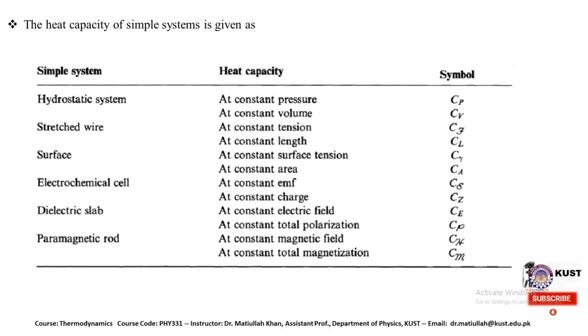In case of electrochemical cells, the electromotive force could be considered a constant quantity, and that is C with subscript small e, the electromotive force, and in some cases when we consider the charge to be constant, the heat capacity is Cz.